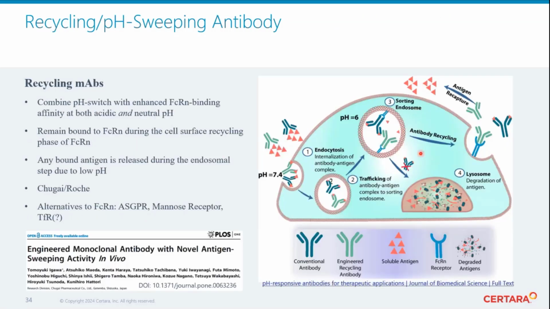And likewise, if we make an antibody stay bound to the FcRn at all pH values, it will be captured by the cells, and it will just carry on circulating, recycling from the endosomal compartment. It goes up to the cell surface, stays bound on the cell surface, captures antigen, and goes back inside again. So that's called pH sweeping or recycling antibody.